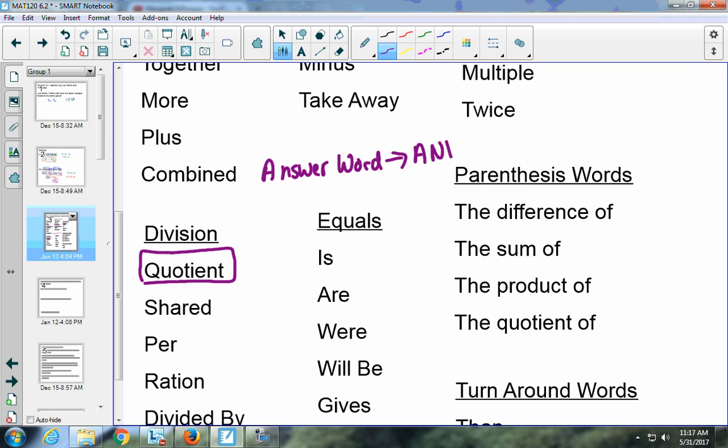That and is where the operation goes. So where you're going to put your plus sign, your minus sign, your divided by sign, or your times sign.